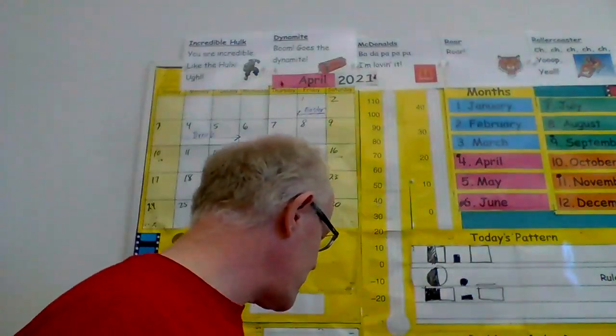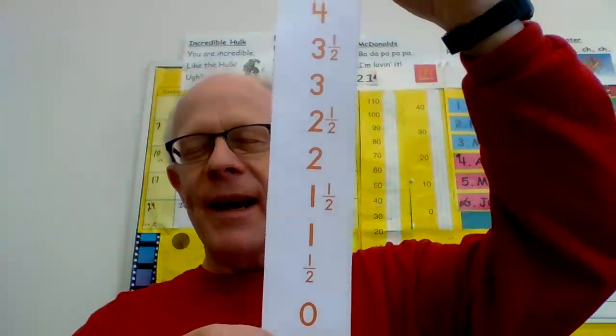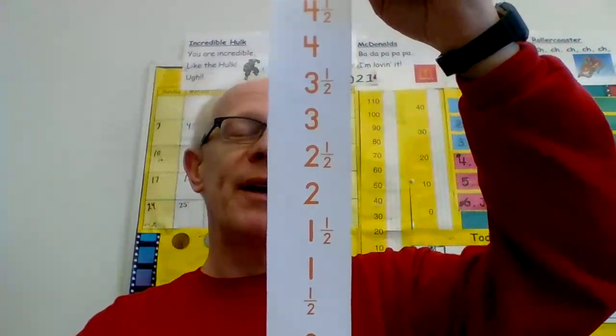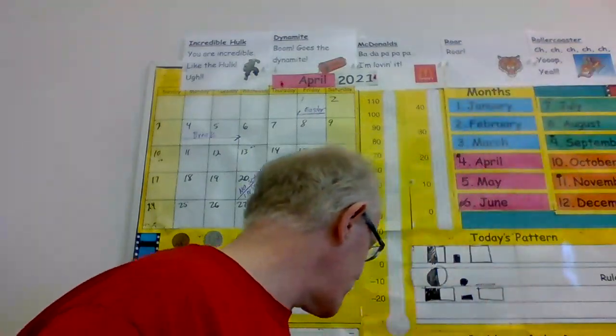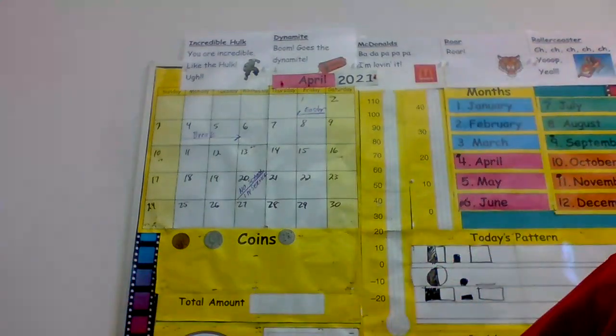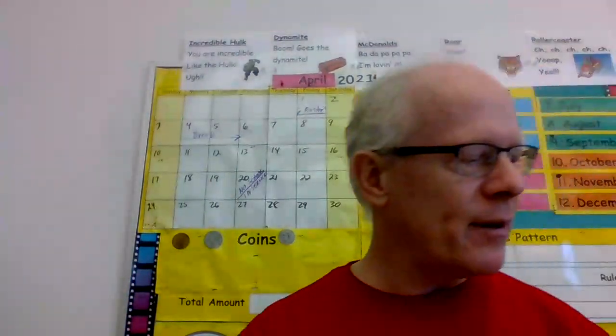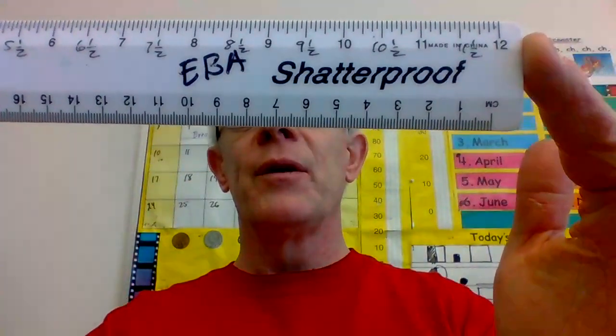And then the very last one that I want to go over with you are the half-inch measurements, okay? 1/2, 1, 1.5, 2, 2.5, 3, 3.5, 4, 4.5, 5, 5.5, 6. And so if you had a ruler, I'm seeing if I have my ruler right here. If you had a ruler like this, you would know the measurements.